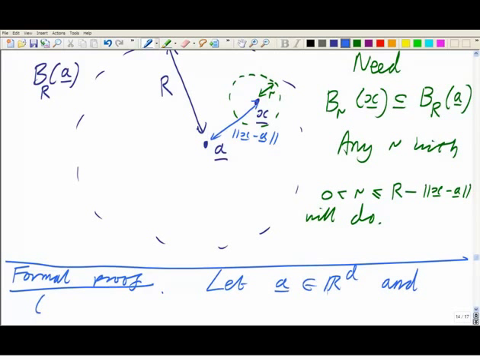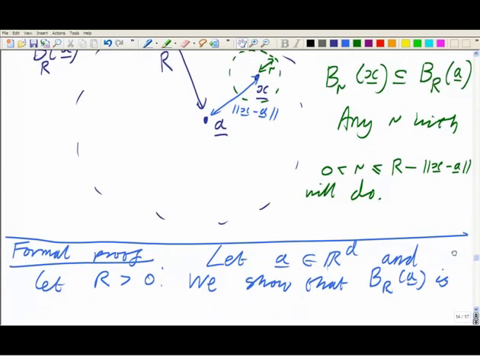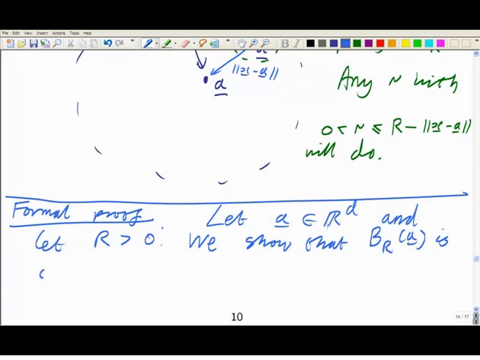I want to get all of them, so I start with: let A be any point in R to the D, I don't care which, and let capital R be greater than naught. That's a positive real number, and we don't care which. And we show that the ball, radius capital R, centered on A, is open.